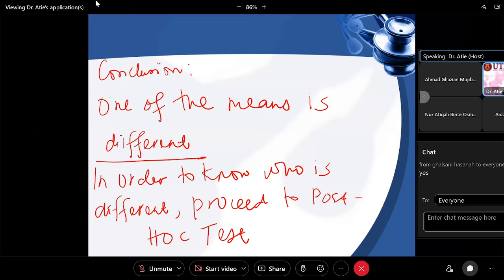We already know that one of the means is different, so we need to proceed. We need to find out who is different among them, among these 4 treatments, who is actually different, right? So that's what we need to do, right? All right, I stop here for 3 minutes for you to digest, to understand, and then also to write down the answer for this ANOVA test, right?